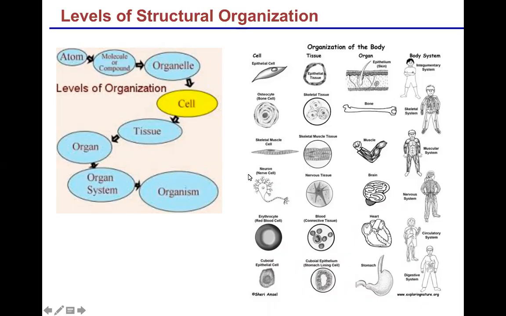For example, let's take the neuron. It's a nerve cell, and these nerve cells join together to form nerve tissue, which in turn forms the brain and the spinal cord, which form the nervous system. Here are shown all the different kinds of systems in our body, and these 11 systems together form an organism.